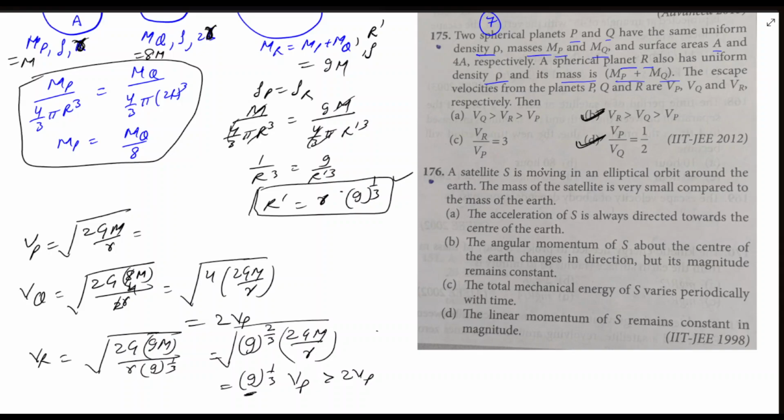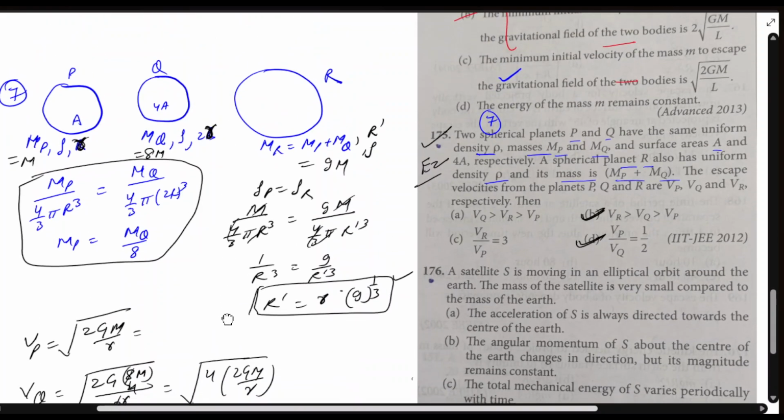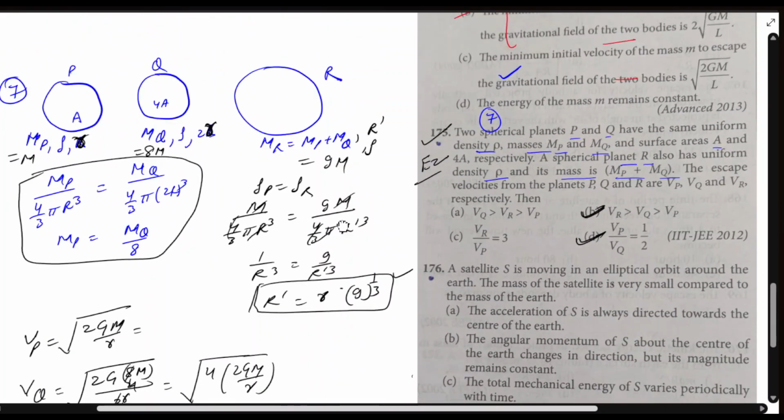So B will also be correct. So we'll have B and D as our answer. It's easy. We don't have to solve 9 to the power 1 by 3. If this were 8, it would be 2 Vp, but it is 9, so the answer will be greater than 2 times Vp. So simple. Let's move on.